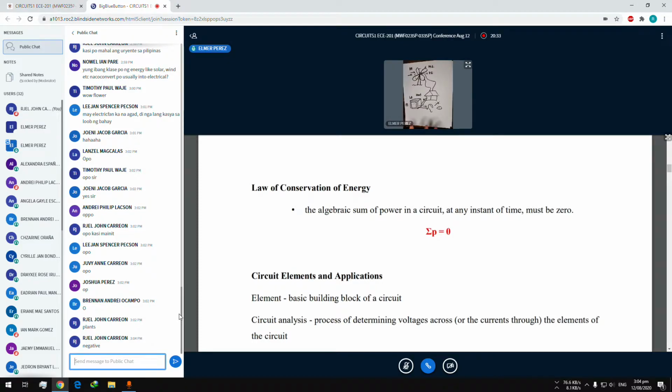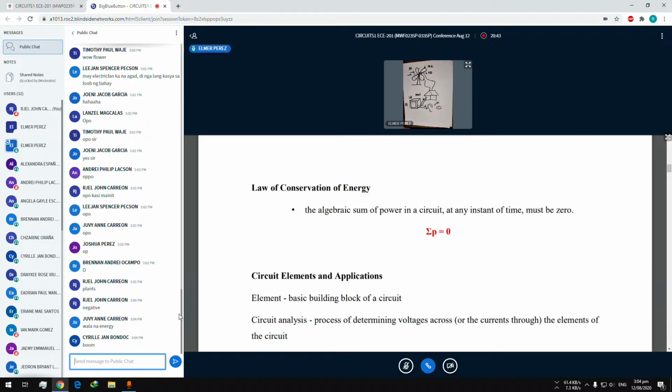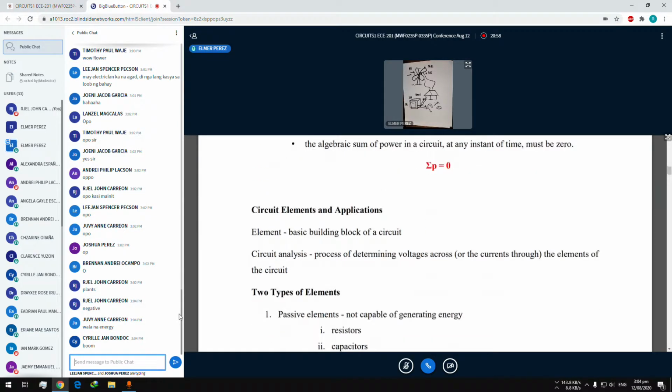Pag namatay yung sun, wala na ang solar system. Pero syempre, it takes millions and millions of years para mangyari. Yun lang yung ibig kong maintindihan ninyo dun sa law of conservation. Kasi ako gustong-gusto ko yung law na to. Okay, now, may question ba kayo?